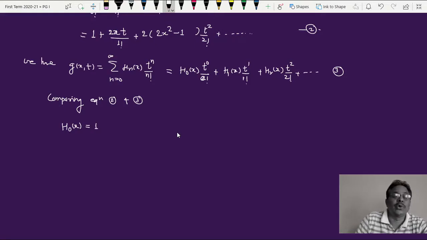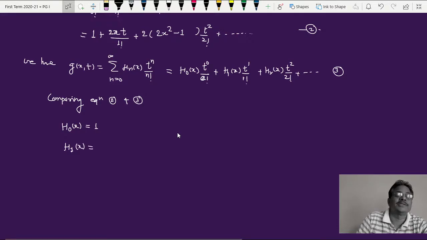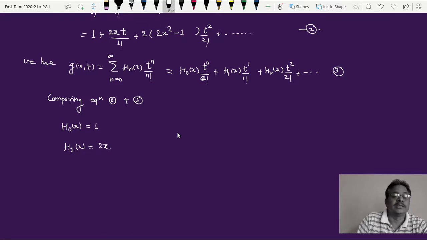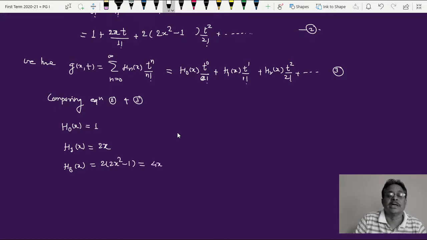Then h1 of x: 0th order is 1, and first order is this particular term, so it is twice x. Then similarly comparing the third term, h2 of x, this coefficient will be, as given here, 2 into 2x square minus 1. So 2 into twice x square minus 1. Expanding this, I'll get 4x square minus 2.